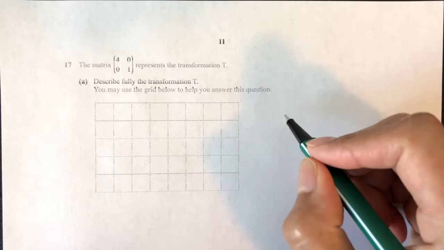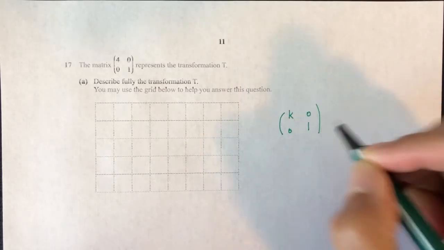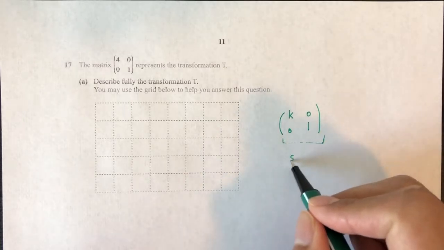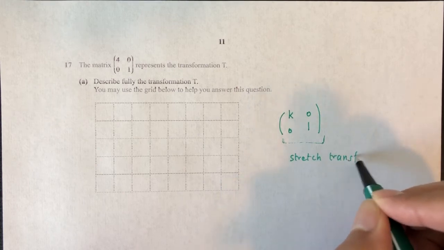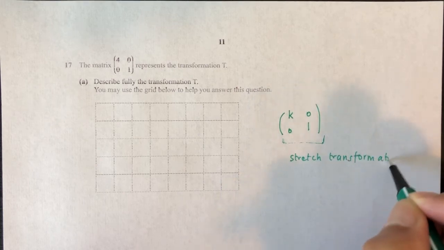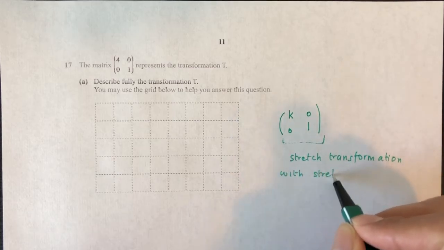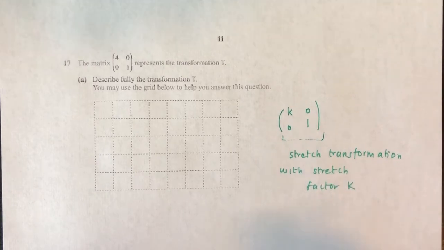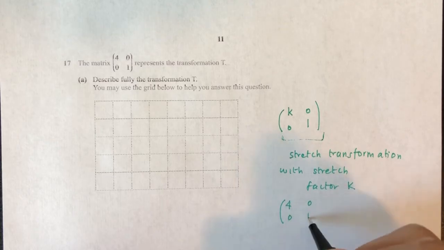So if you see any matrix in this form, it is a stretch transformation with stretch factor k. So in this case, what do we have? We have 4, 0, 0, 1, which means this is a transformation.